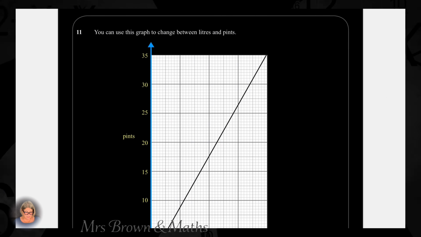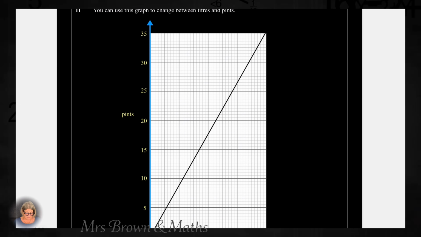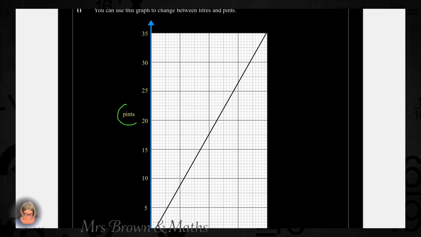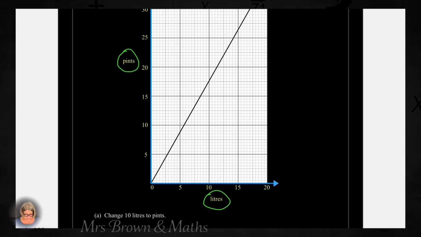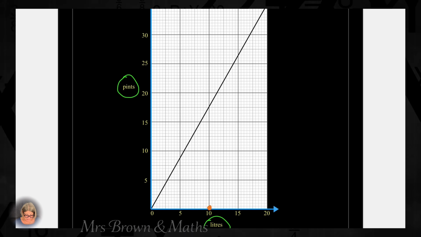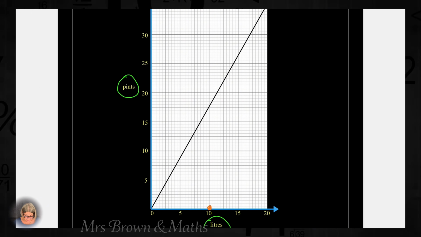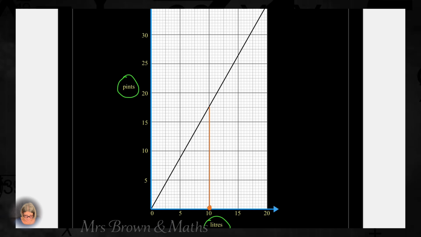You can use this graph to change between liters and pints. So pints are on the y-axis and liters are on the x-axis. Change 10 liters to pints. We go to liters, find 10 liters, and draw the line till it reaches the graph.